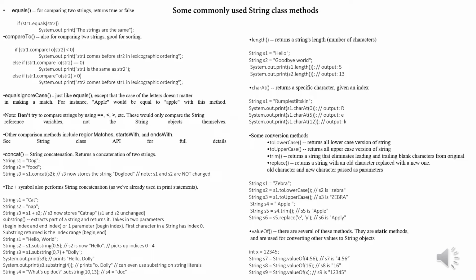And finally, we have valueOf. That's a method that can be used in order to change variables of other types to string. For example, if you have a variable that is an integer, you can change it to a string by using valueOf.